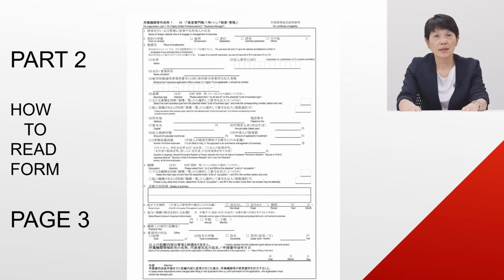At 9, about office. You elaborate about your office. 1, area: how many square meters your office has. 2, whether it is possessed or leased. In the case of a lease, you fill out the monthly rent. And the supporting document is not only a copy of the office lease contract, but also photos and a layout.